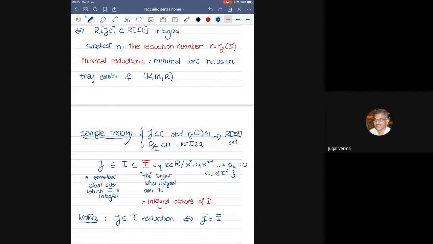And now, because there are infinitely many reductions, to remedy this lack of uniqueness, Rees and Sally introduced this object that we'll talk about today, which is the core of an ideal. And this object is the intersection of all reductions.